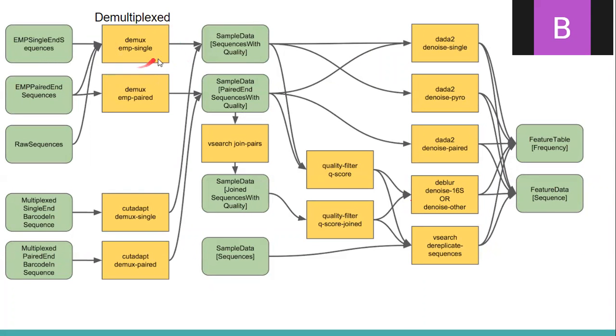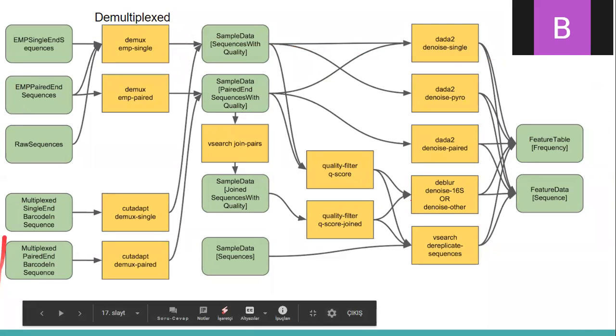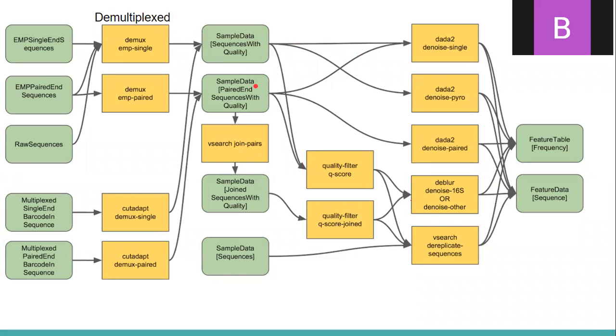The demultiplexing step is outlined in this figure. We have more than one option according to our sequences, whether they are single-end or contain both forward and reverse primers, and we demultiplex them. Also, we import them specifically as single-end sequences or paired-end sequences.